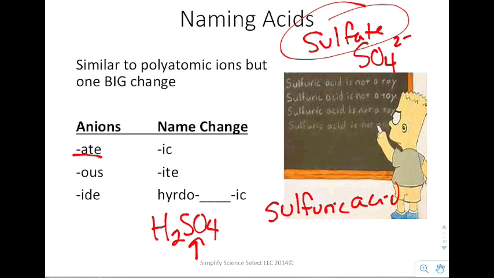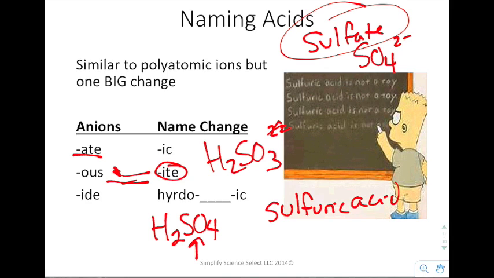Now, if you had SO3 instead, that's still a 2 minus charge, so it would be H2SO3. But instead of it being sulfate or sulfuric acid, because it's an ite, the ite goes to ous. Those are backwards right there. The ite is going to go to ous, and because of that, it's going to be sulfurous acid. And then finally, if it was just H2S, this is a sulfide.